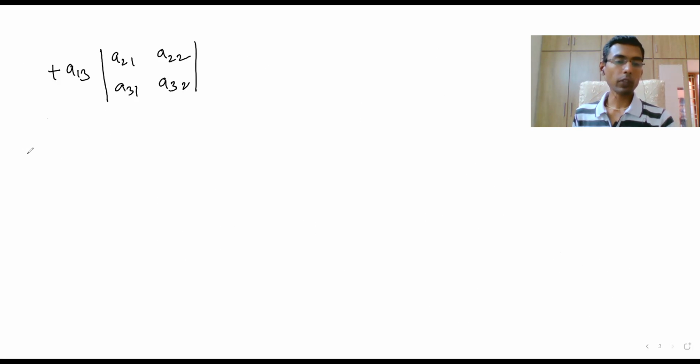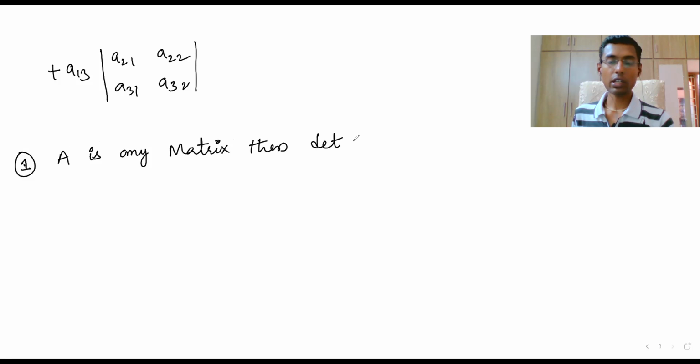First we need to discuss how to write a determinant. A is any matrix. Then the determinant of A, we say det of A, and we can write it like this also.